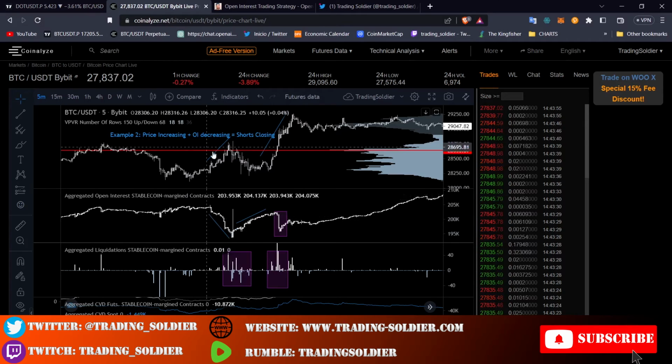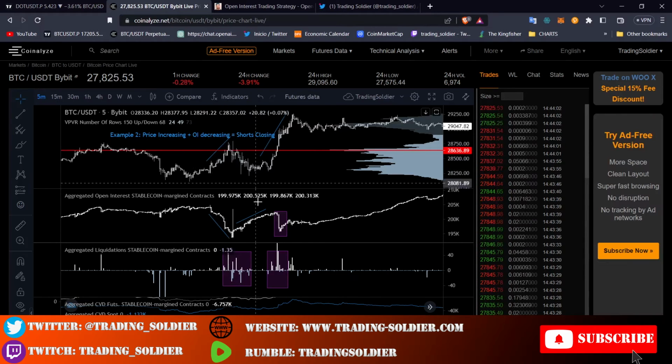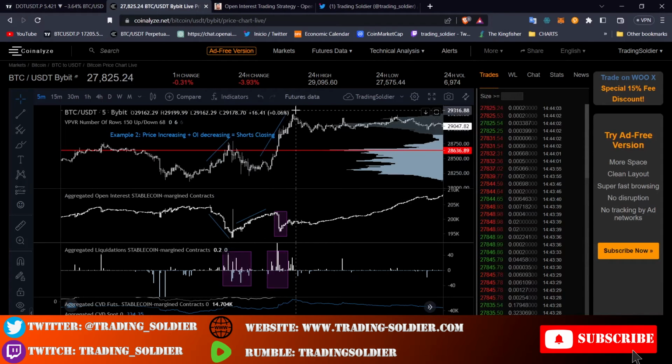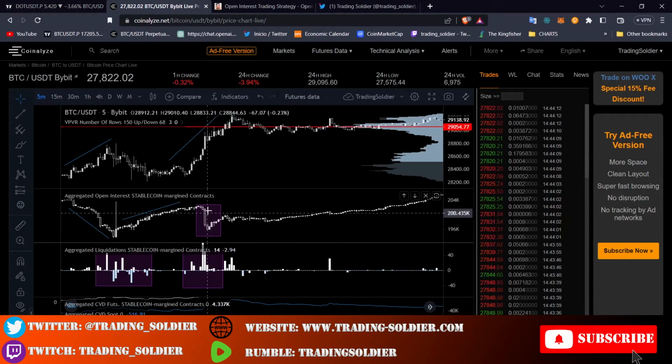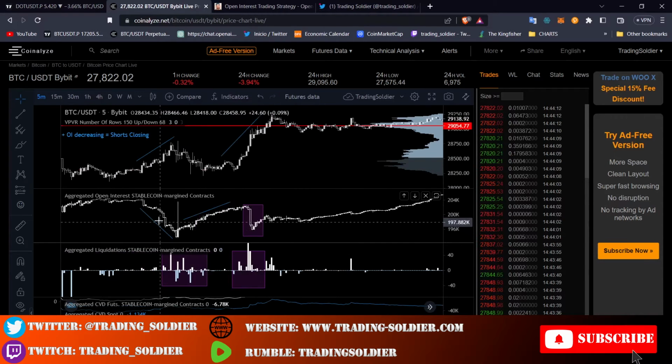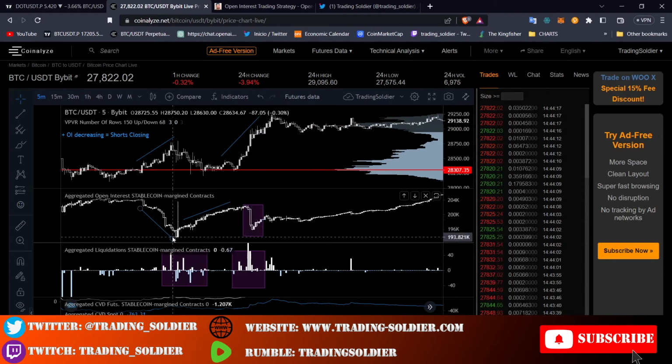So a lot of people that got liquidated here, or other traders, begin to short that top, and we see that price immediately rises again and hits those stop losses. We can see here that the open interest printed a big bearish candle that drove the open interest down to almost the same levels as before the last pump.